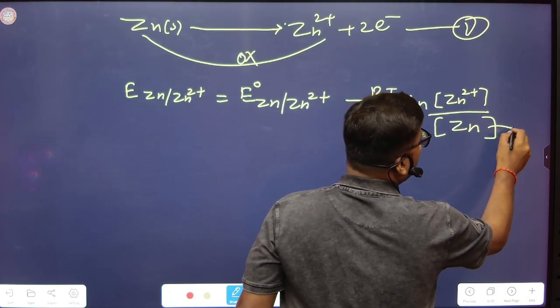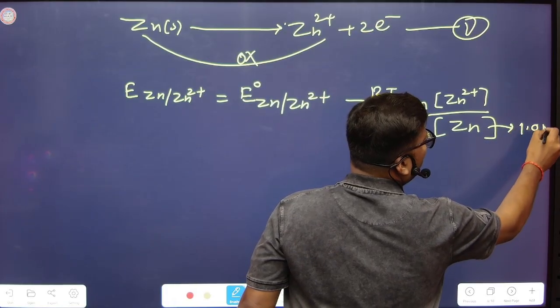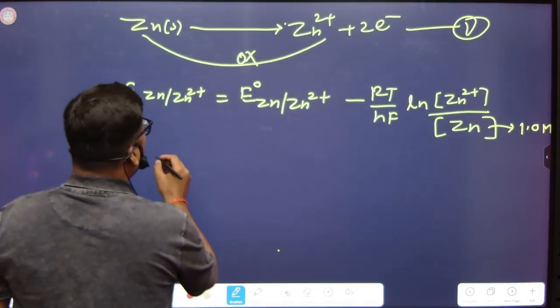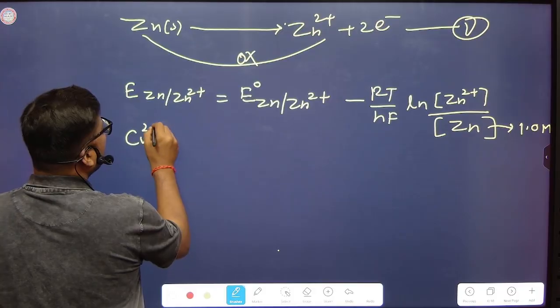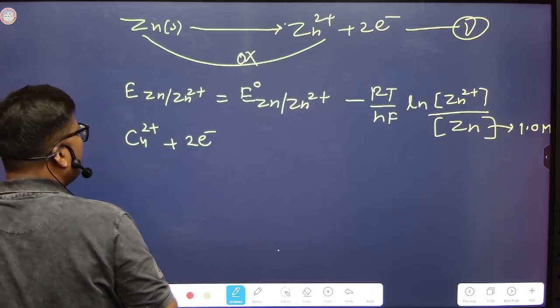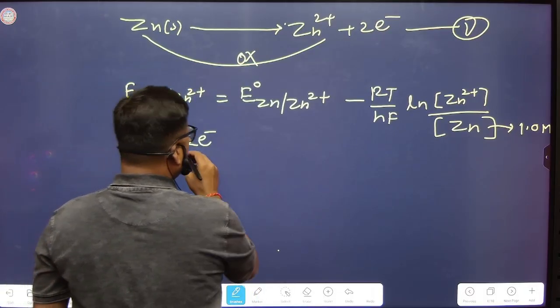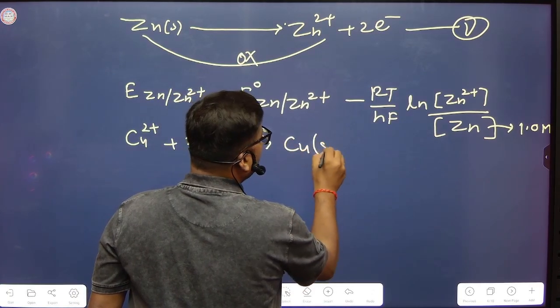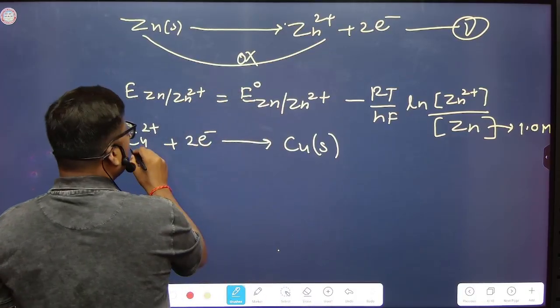So here again this value will be 1.0 molar, right? Now similarly, Cu2+ plus 2 electrons, so it receives from the cathode, then it is converted back to copper solid.